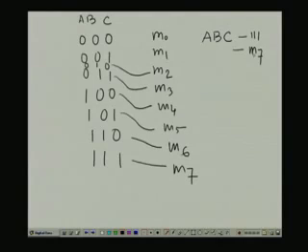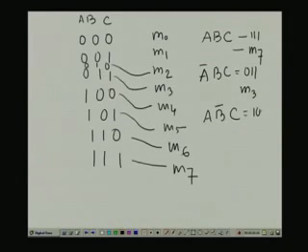A bar BC means 011, which is nothing but m3. Similarly, AB bar C means 101, that is m5, and ABC bar is 110, that is m6.